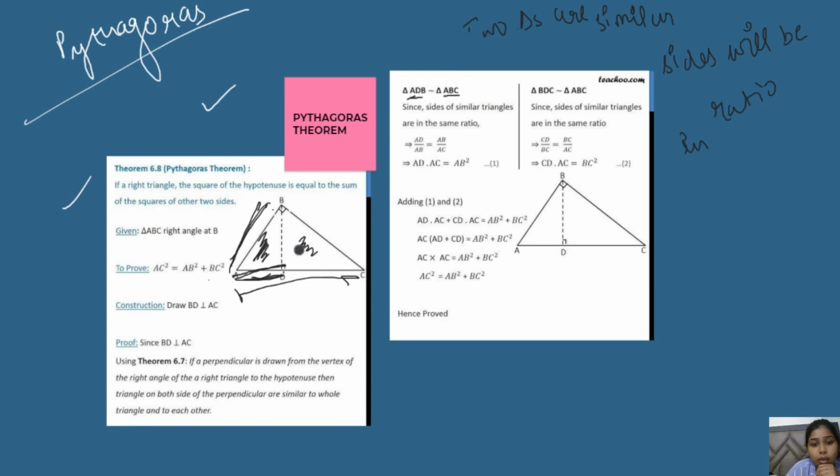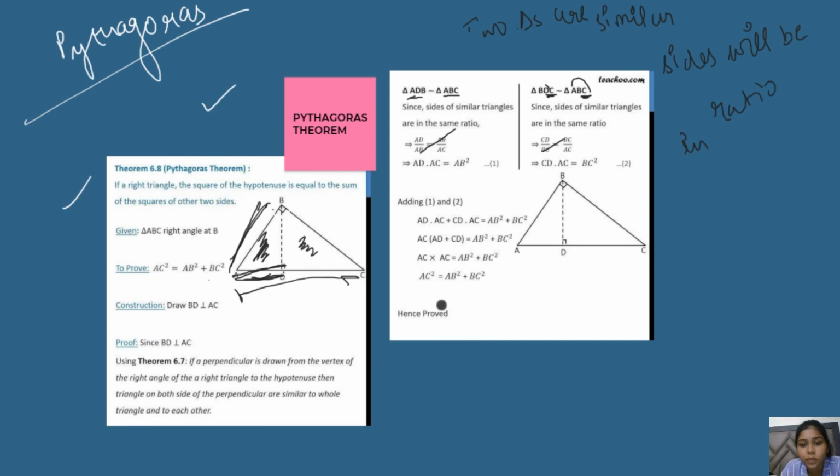Now we cross multiply, and we get AB square equals AD into AC. Similarly, BDC will also be similar to ABC. In that case, CD divided by BC will be equal to BC divided by AC. Again cross multiply, and you will get BC square equals CD into AC.